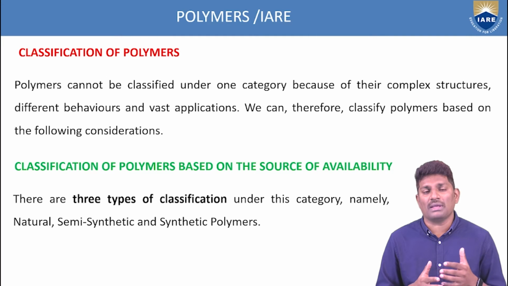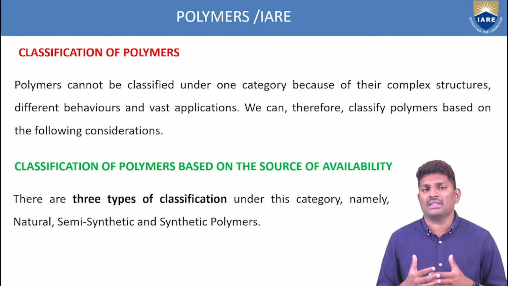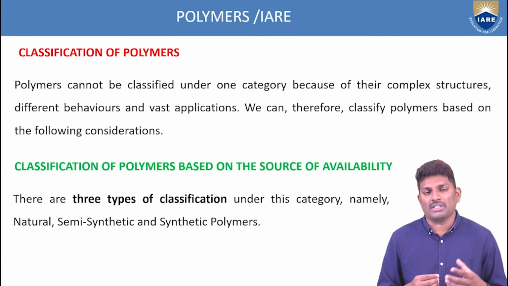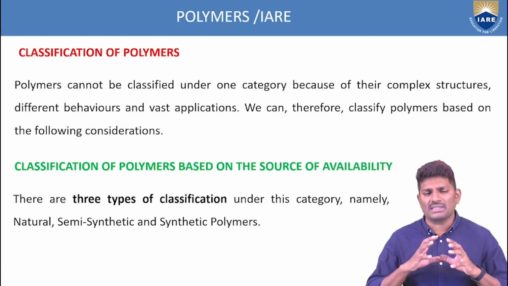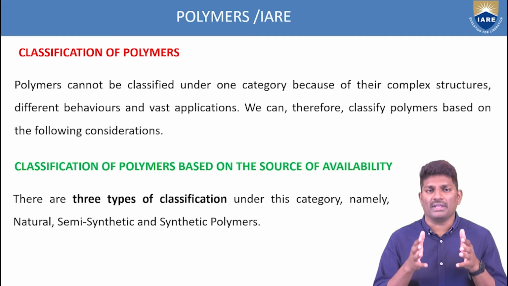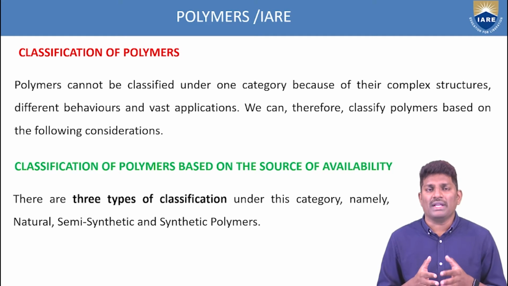Another thing is the behavior. Since it has different materials, each material has its own chemical properties, its own mechanical properties, its own physical properties. Because of these different parts incorporated in the polymers, it is very difficult to categorize.